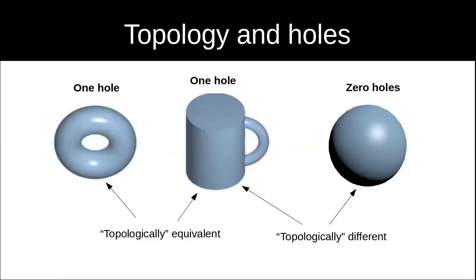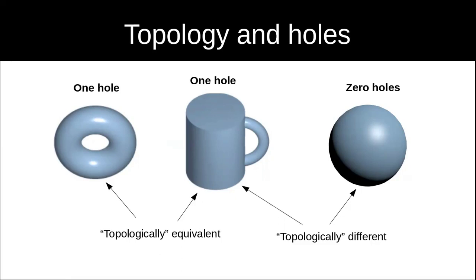If we think in terms of surfaces, which is perhaps the most important case for us, there are two surfaces that are relatively equivalent. A donut has a hole, and a cup also has one hole, and you can transform a donut into a cup if you think that your surface is flexible and allows you to displace it and move it around. Whereas a sphere is not equivalent to a donut or a cup, because it doesn't have any hole.